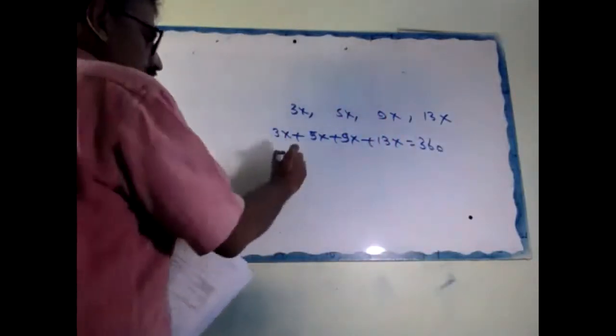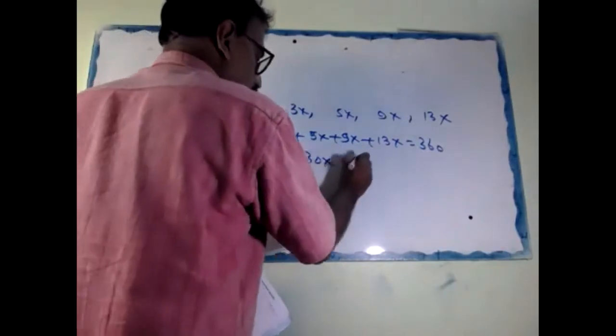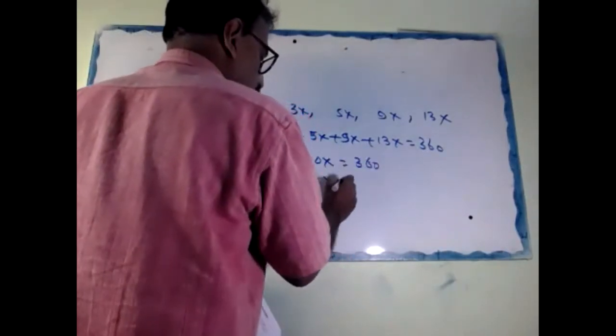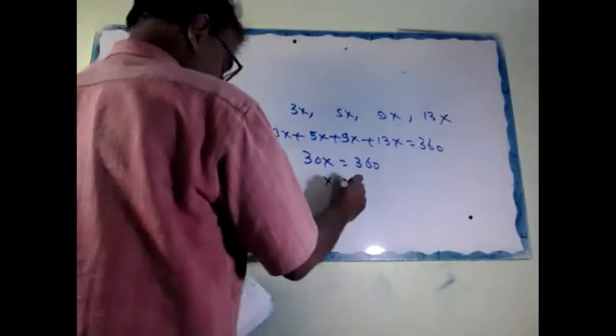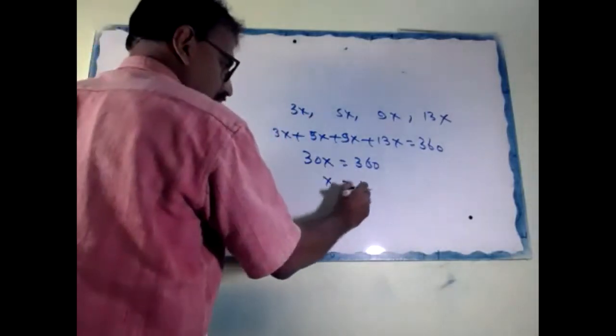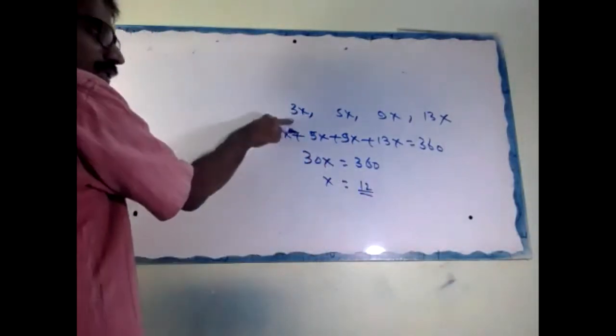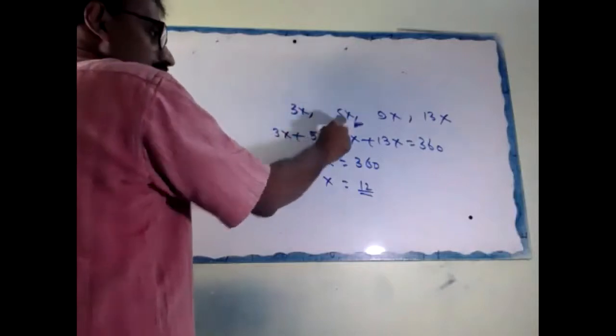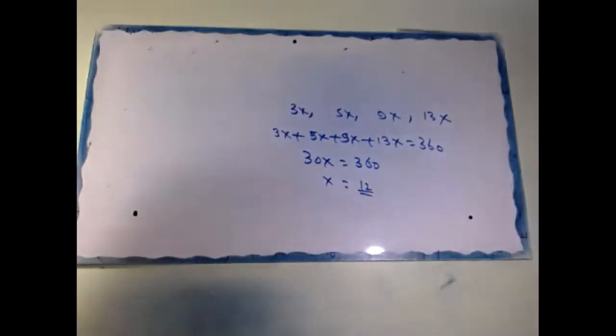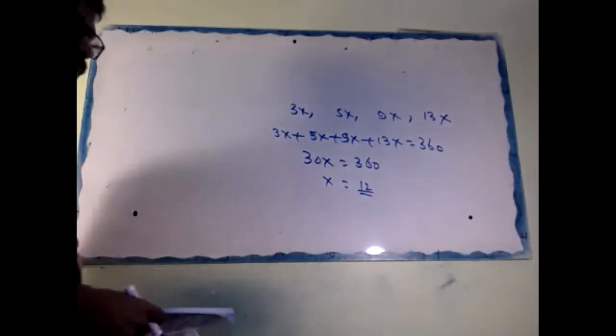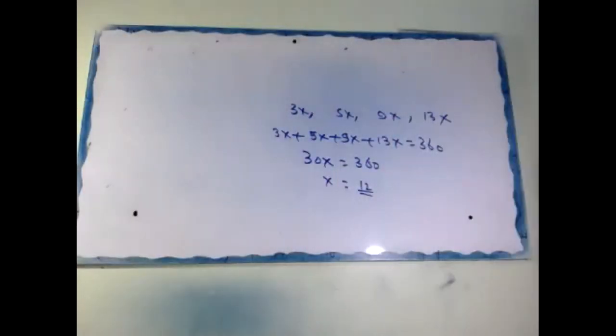So that is 30x equal to 360. X equal to how much? 12. Therefore, 36, then 60, 108, 156. Okay.